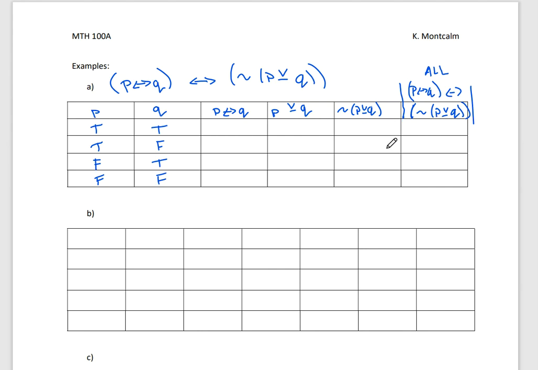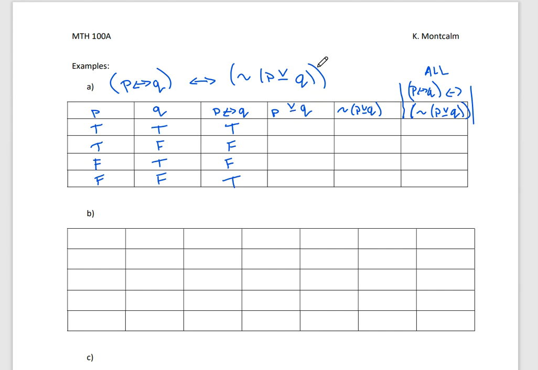So filling in your tables. A biconditional, remember, is true when we have both values the same. So my true and true and my false and false will give me trues, and everything in between will give me a false. Exclusively or, right? We have or with the kind of complement on the bottom.